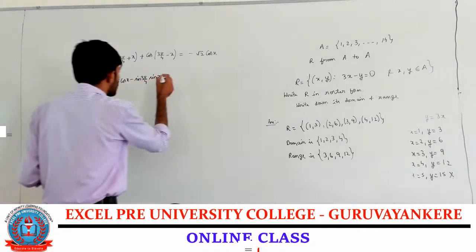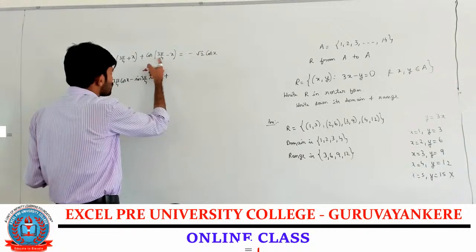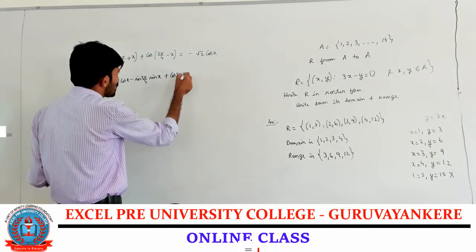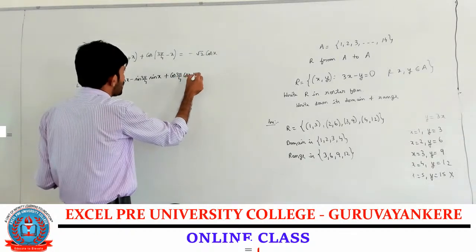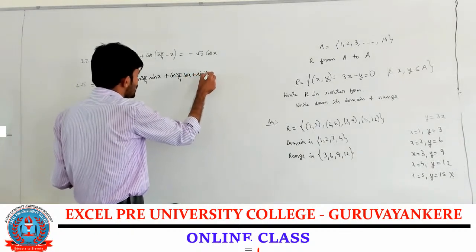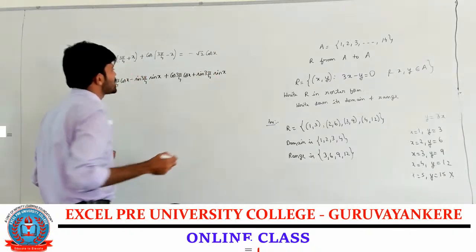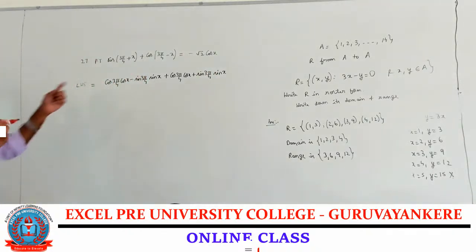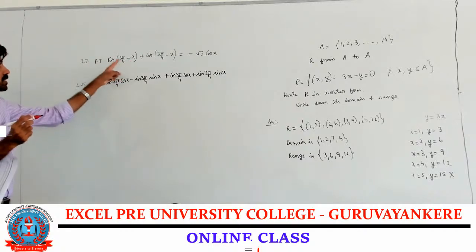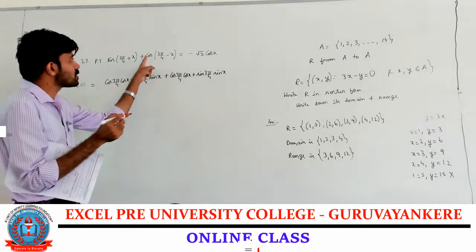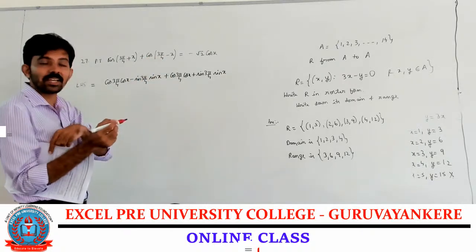Cos of (a minus b) is cos a cos b plus sin a sin b. Expand it using the formula: cos of (a plus b) is cos a cos b minus sin a sin b, cos of (a minus b) is cos a cos b plus sin a sin b.